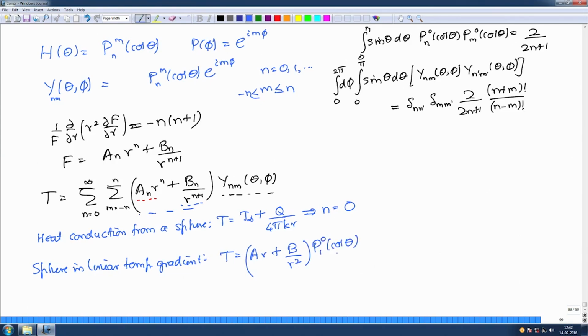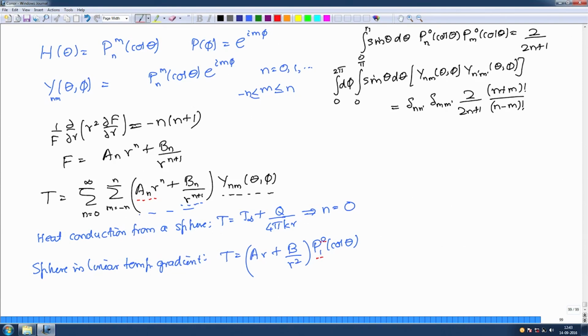This corresponds to n is equal to 1. R power n is r and 1 over r power n plus 1 is 1 over r square. N was equal to 1 and m was equal to 0, for the second problem that we had solved. So, these are all terms in this expansion.